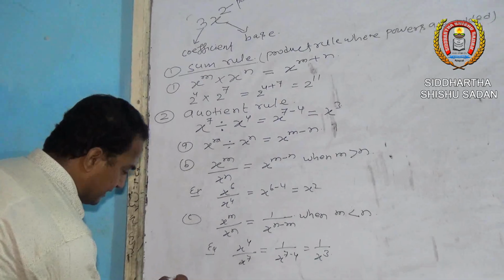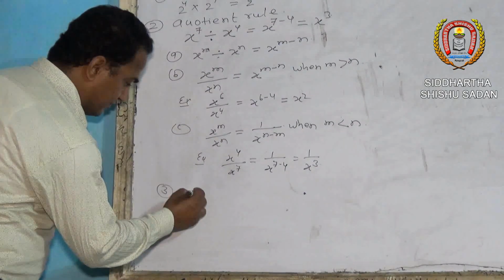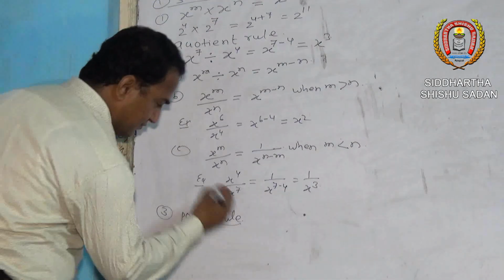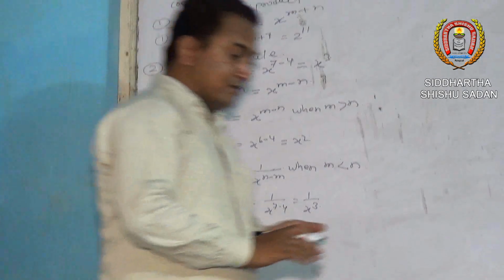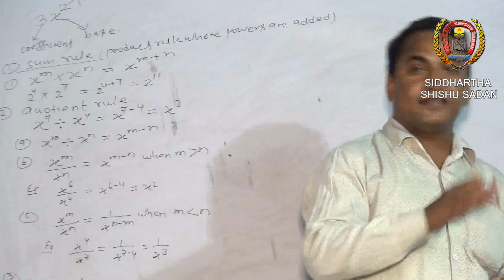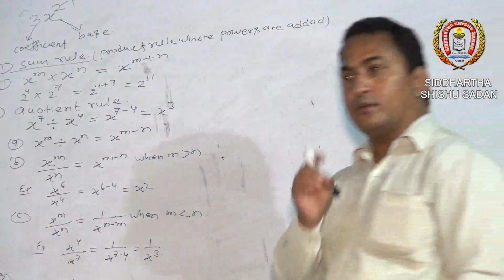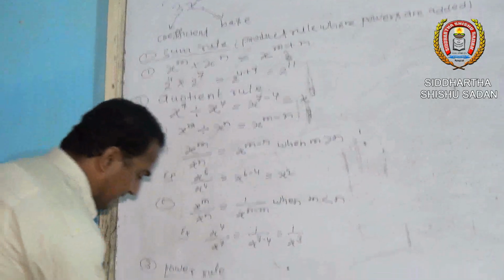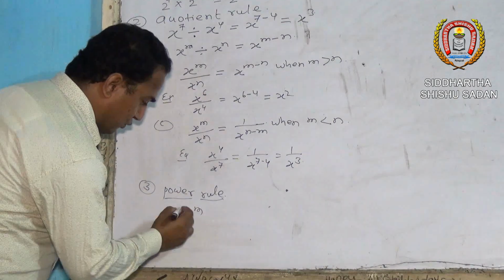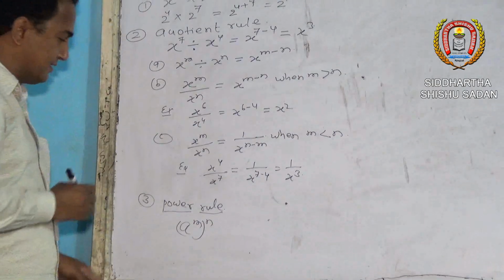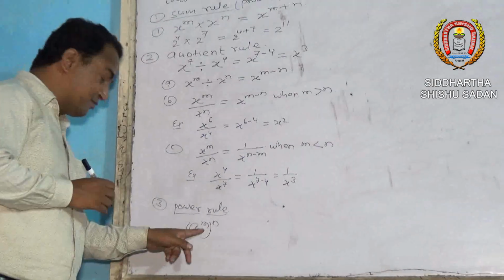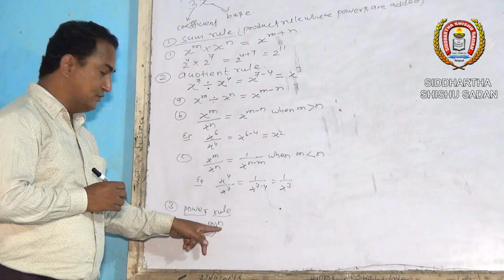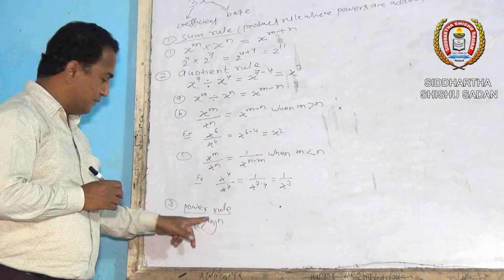Next is 3. Power rule. It means when a power is over the power, then the powers are to be multiplied. Look here, a to the power m whole to the power n. This power n is over the power m of the base a.